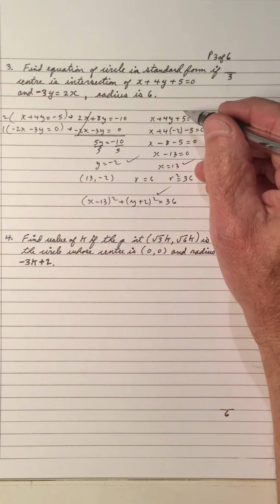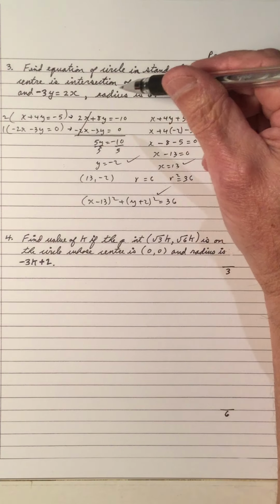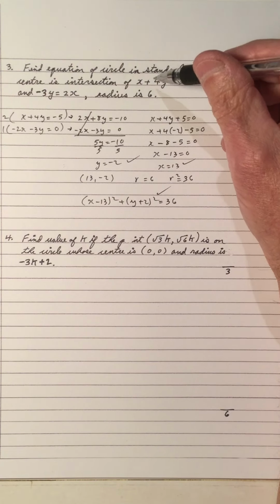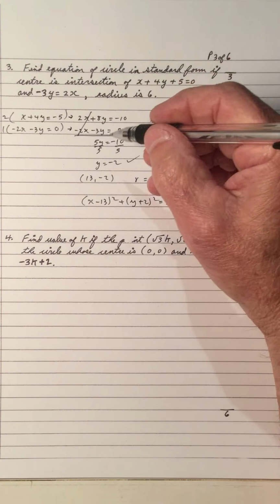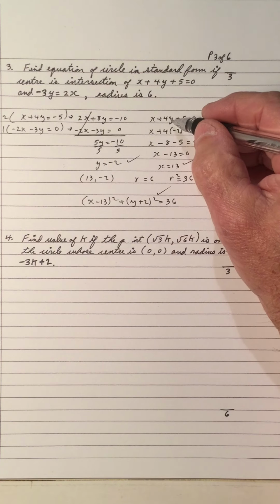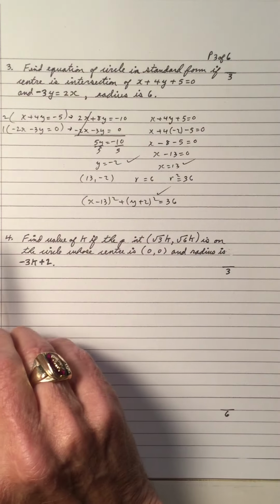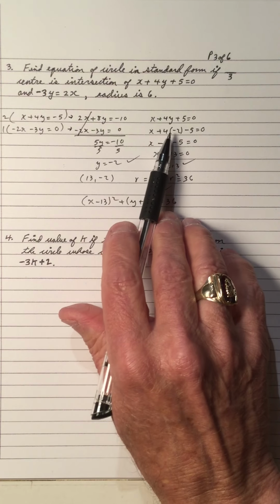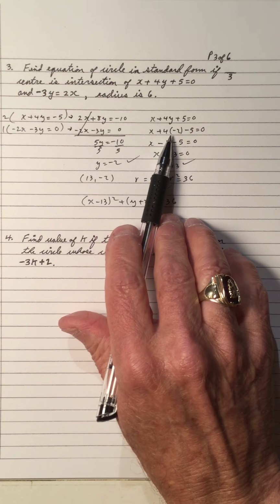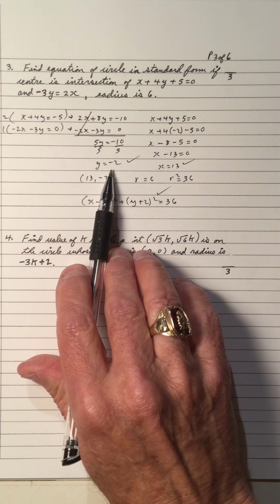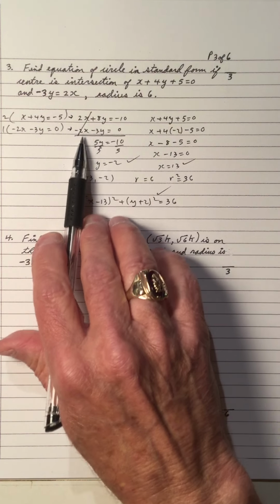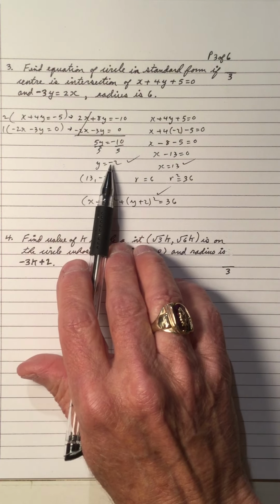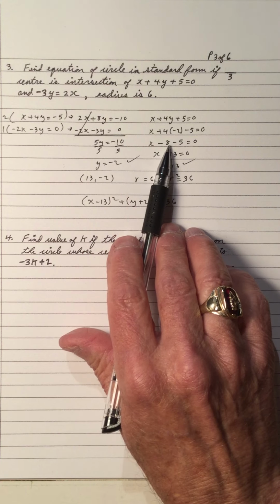And again, just to check that I have it written down right, y is -2. We get a 5, -2 is 8.